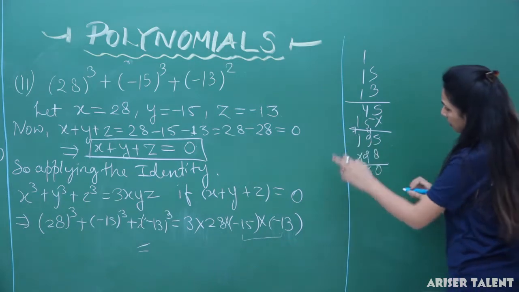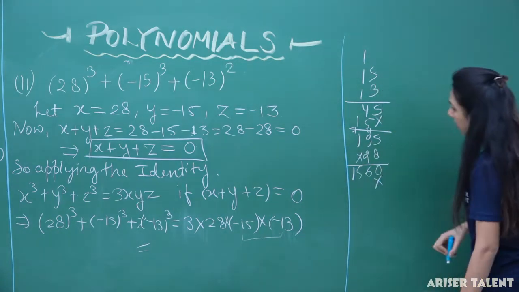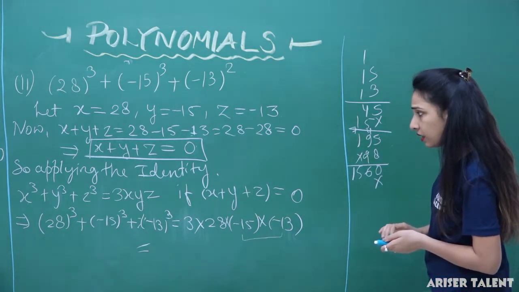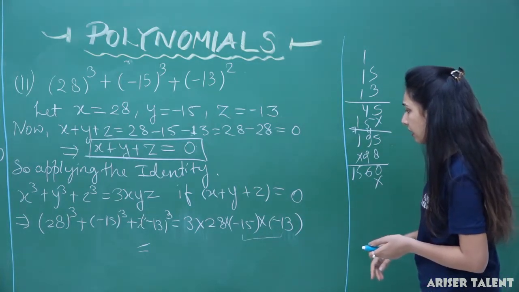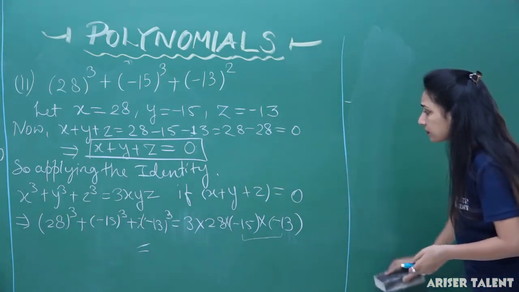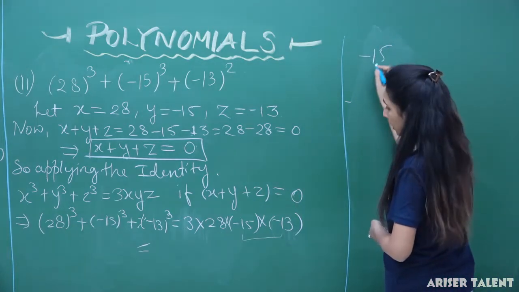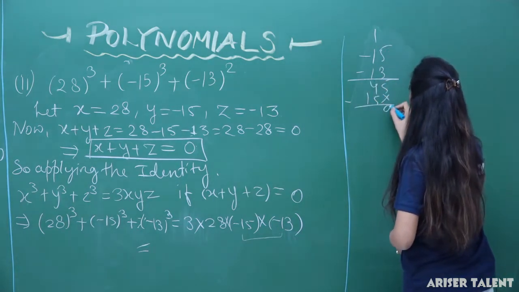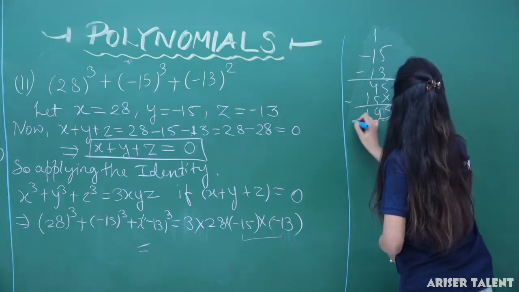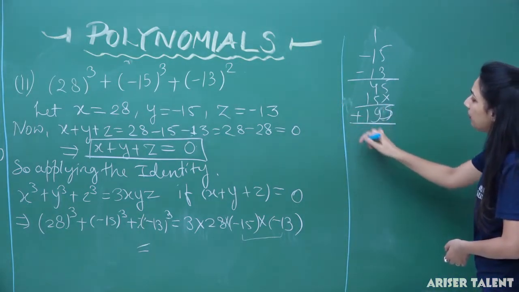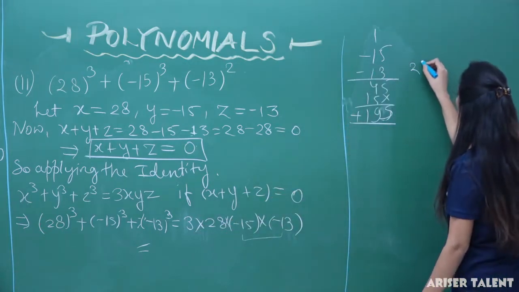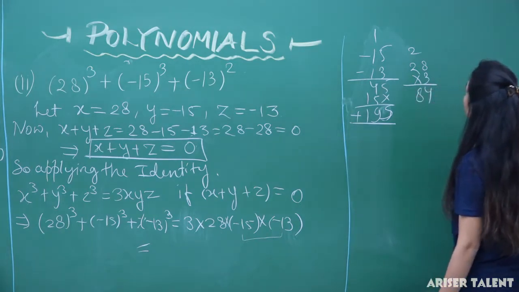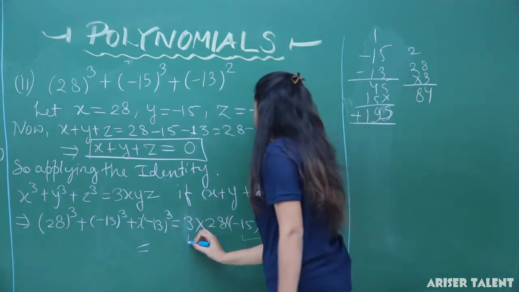Just do it again. We are getting two numbers, minus 15 and minus 13, so 195 of plus, and here we are getting two numbers, this is 28 multiplied by 3. So we are getting 84, by these two.